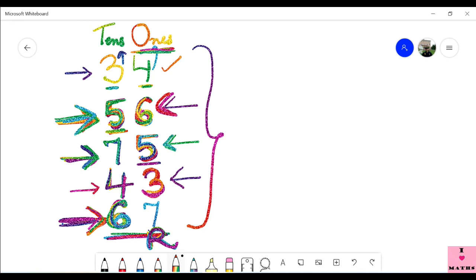And all the digits which are to the left hand side, these digits are at the tens place. And the place of a digit is the thing which is going to determine the place value of the digit. I hope, children, you would have understood the difference between place and place value.